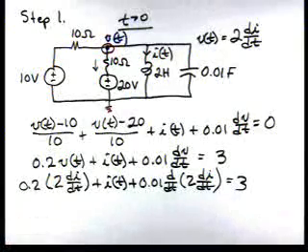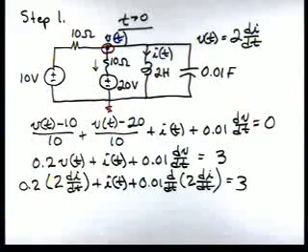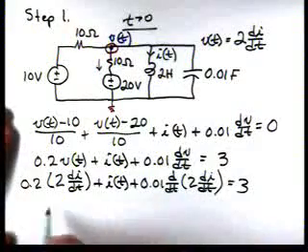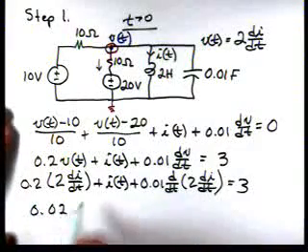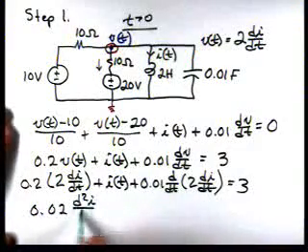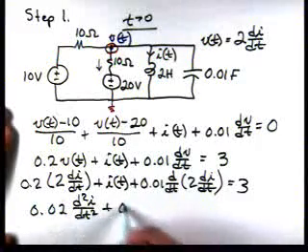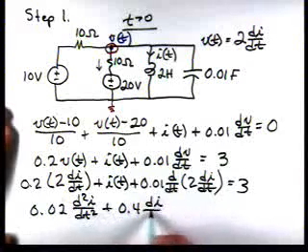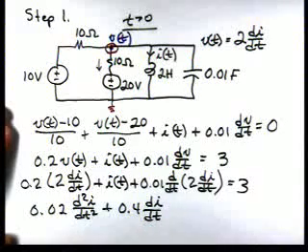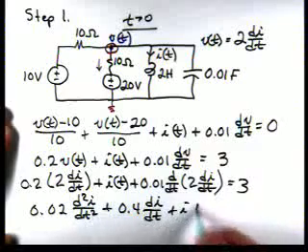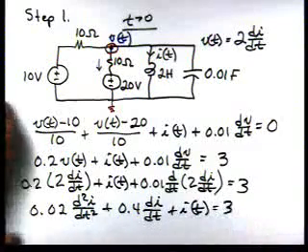So now we've got the substitution. Now let's work with the math a little bit. This term becomes 0.02 d2i dt squared plus 0.4 di dt, and then just I of t is equal to 3.